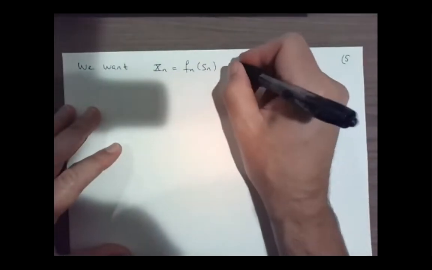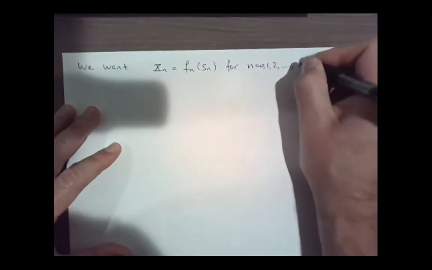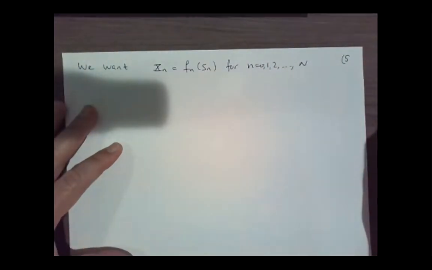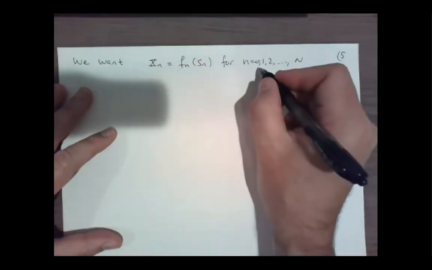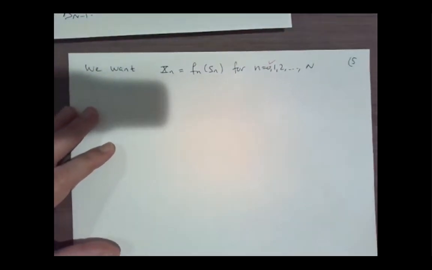I want this for n equal to 0, 1, 2, all the way up to time n. At time 0, we're good, because that's how we defined it. So time 0 is okay. We're going to try to get this to work for a generic time n.